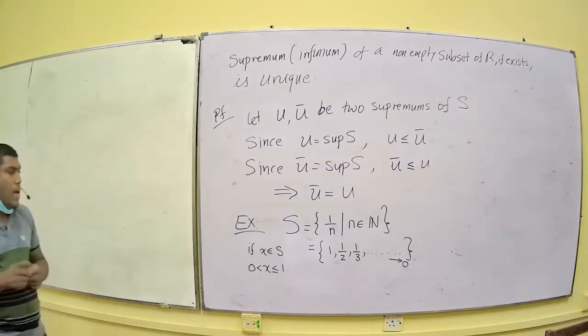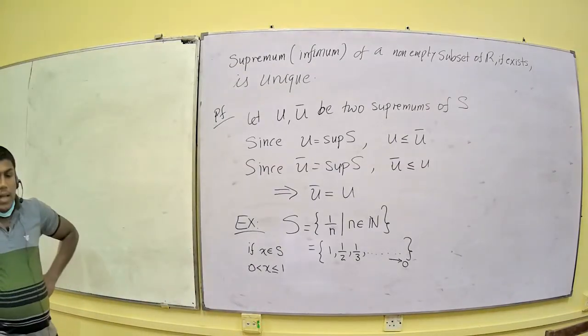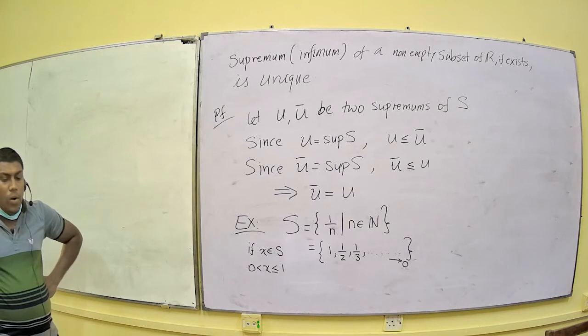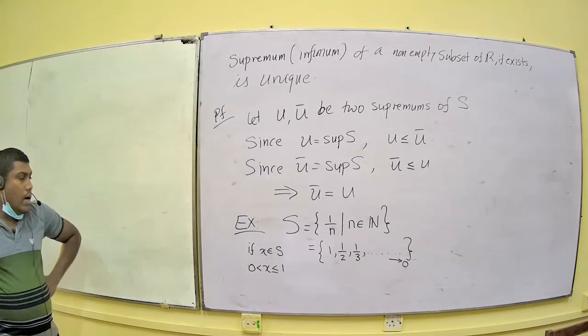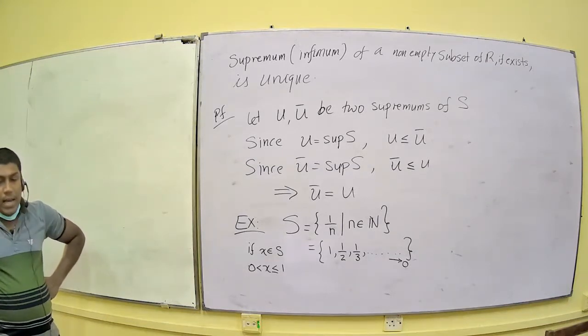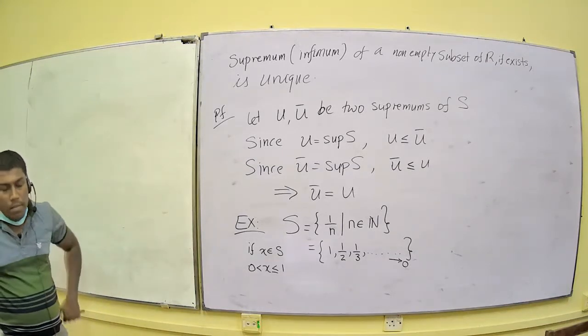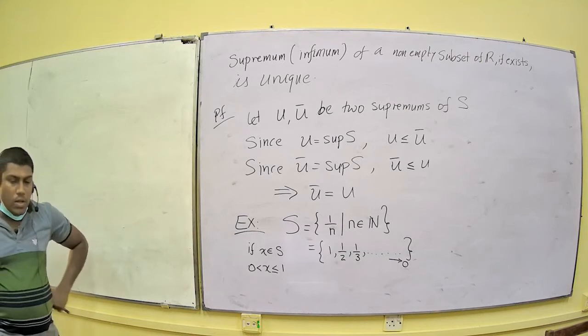Any number in the set S lies in between 0 and 1. So these are the endpoints of this set, so it stays in between 1 and 0.